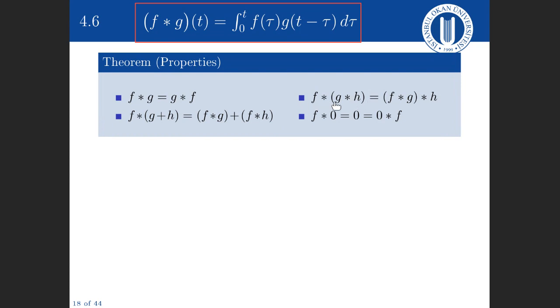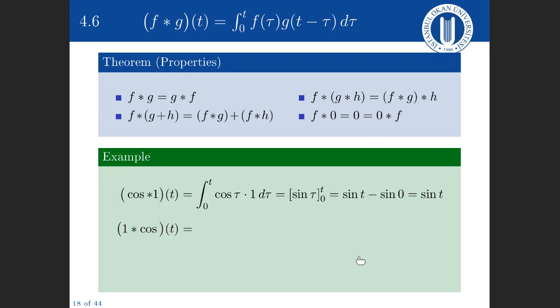F convoluted with g convoluted with h is always the same as f convoluted with g convoluted with h. And if one of the functions is 0, then of course we always get 0. I'm not going to prove these formulae. I don't think that's necessary for this course, but I do want to give some examples first before we start using them for our differential equations.